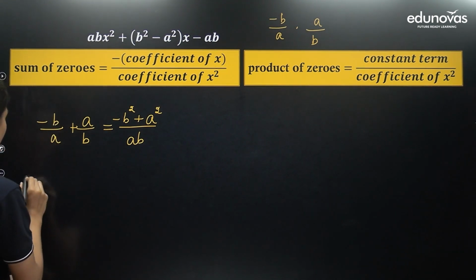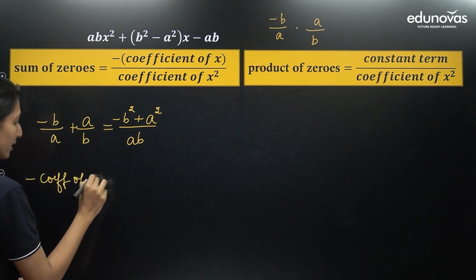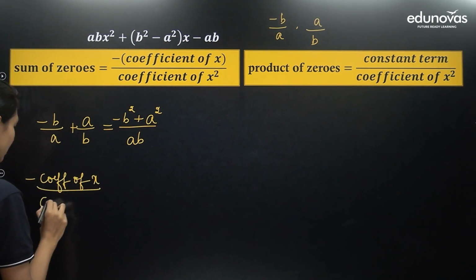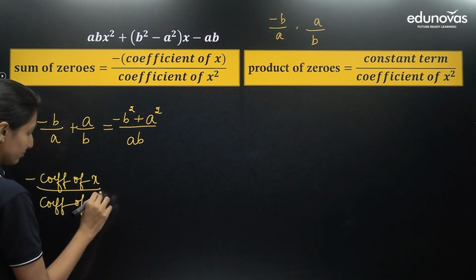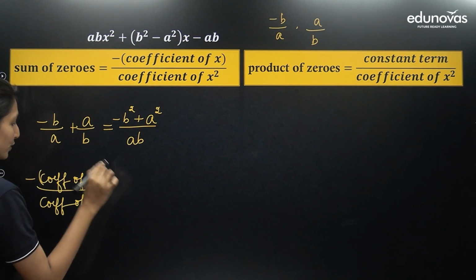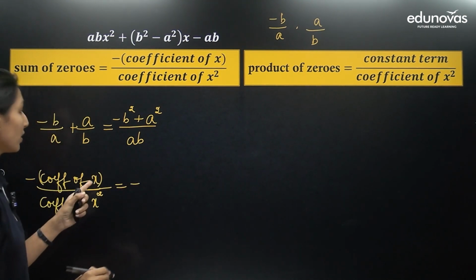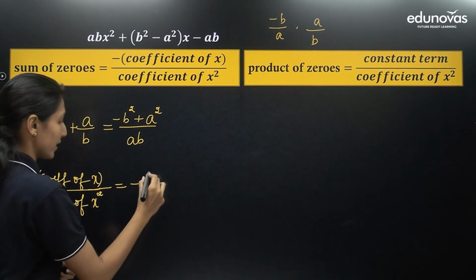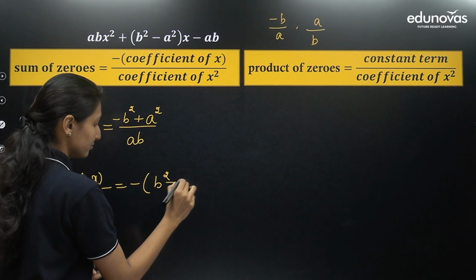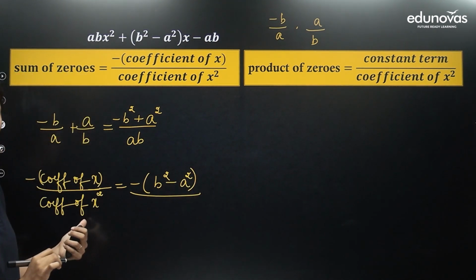Now consider minus coefficient of x by coefficient of x square. Minus, what is the coefficient of x? It is b square minus a square. By what is the coefficient of x square?